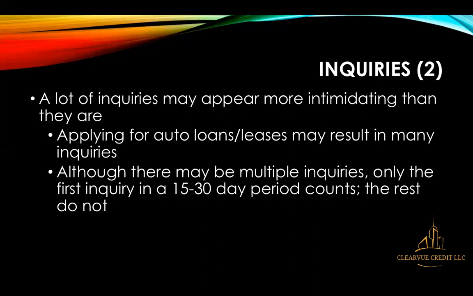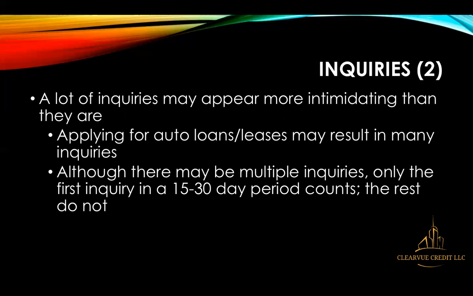For example, applying for an auto loan may result in many inquiries. Although there may be multiple inquiries, only the first inquiry in a 15 to 30-day period counts. The rest do not. The way the algorithms work is that they allow you to shop for the best rate as a consumer. As long as you shop for that auto loan within a 15 to 30-day period, the only inquiry that counts against your score is the first one.